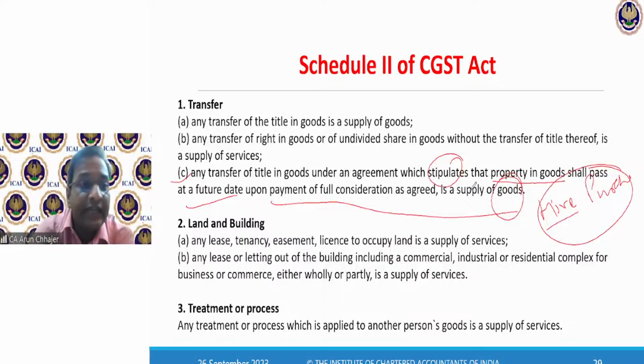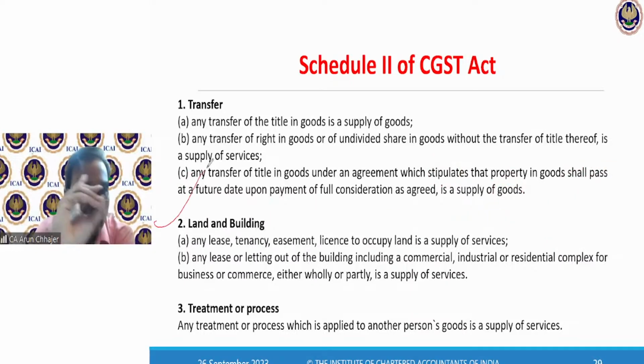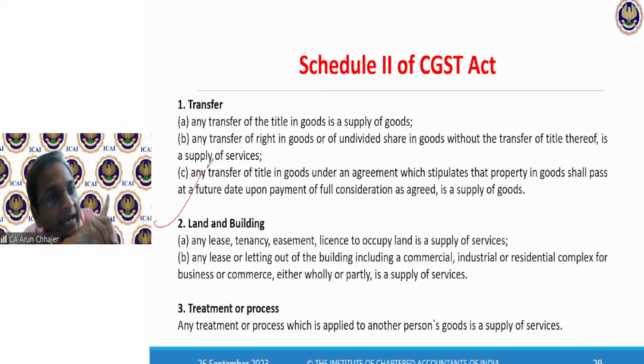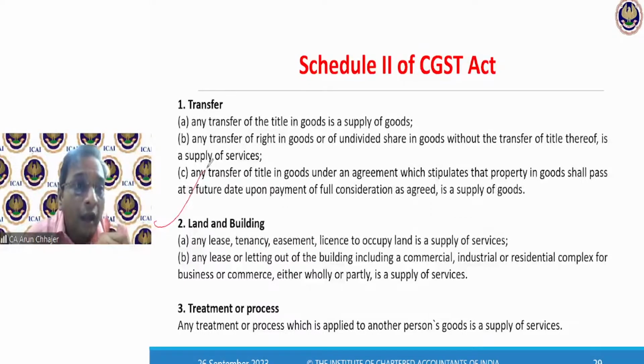Okay. Land and building. So what we have understood is that land and building, if it is completed building or only land, and it is sold, then it is out of GST. But if it is an under construction building, property, which we will talk about in para 5, then it is chargeable to GST. Correct?